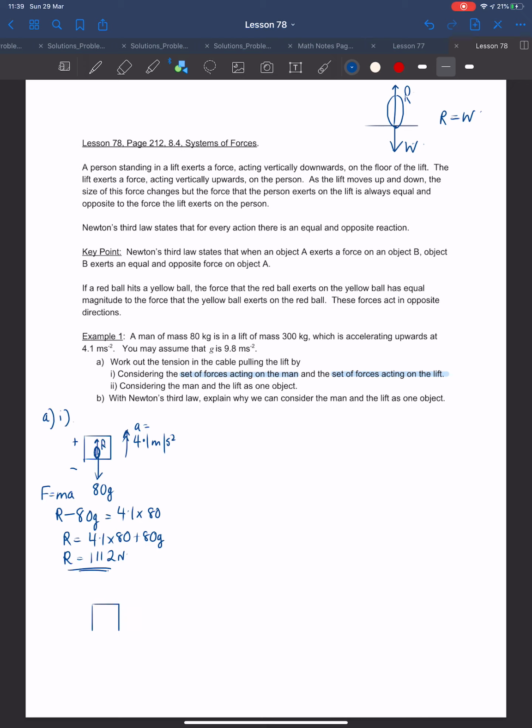So T is 300 times 4.1 plus 300 times 9.8 plus 1,112. And it's 5300 newtons to two significant figures. So that's A1.